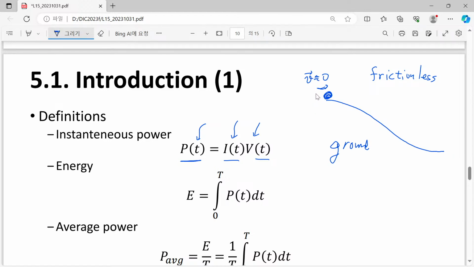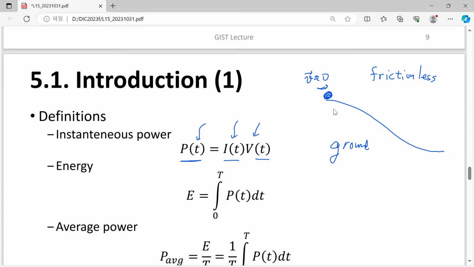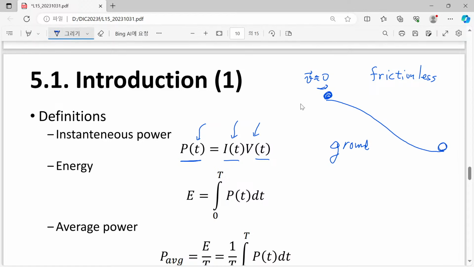Now if you have studied general physics, then you can understand that when it comes here, of course you have the reduction of your potential energy. However, the loss of your potential energy is converted to what? Converted to the velocity whose magnitude is much larger than 0.